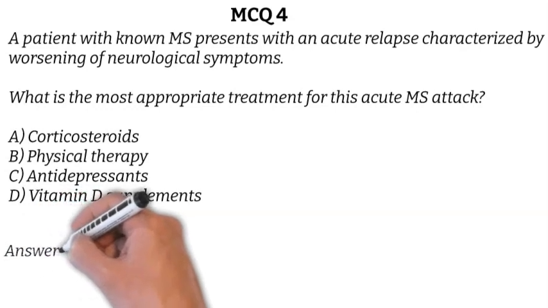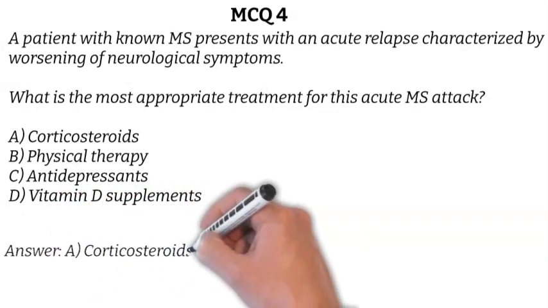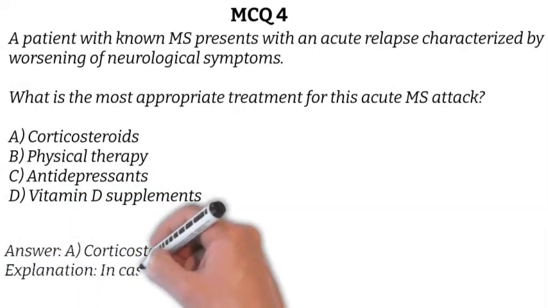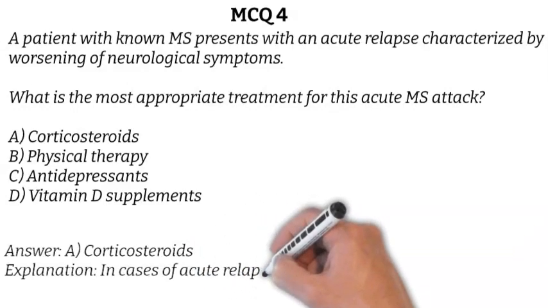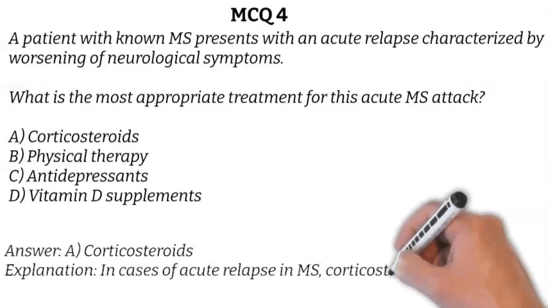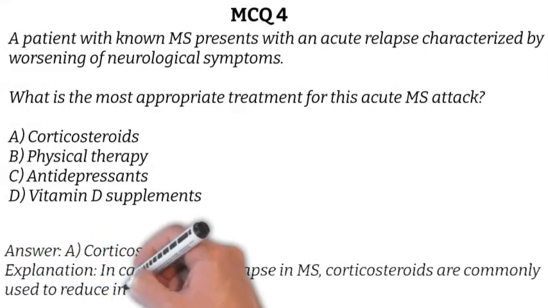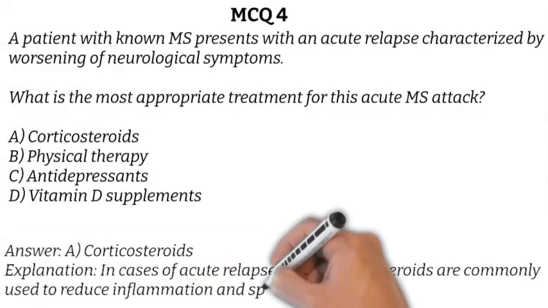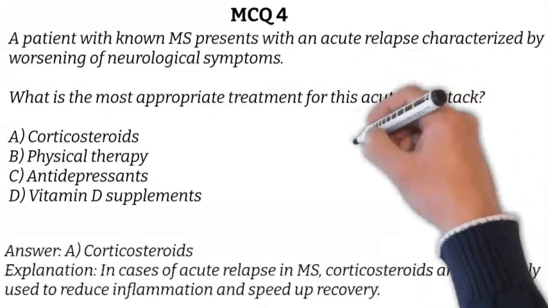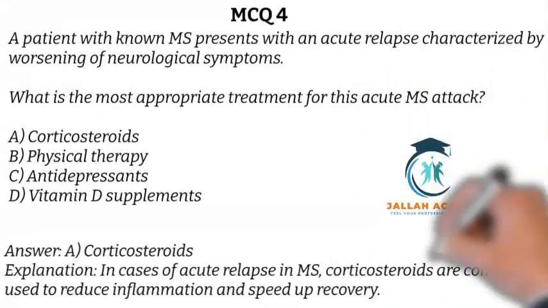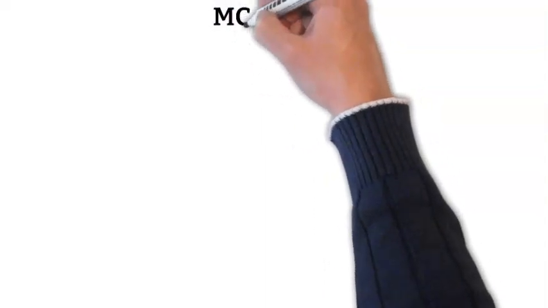Which one? Steroid. You are right. For acute attack, we always use a steroid. In case of acute relapse in multiple sclerosis, steroids are commonly used to reduce the inflammation and speed up the recovery. Remember, if it doesn't help, the next option will be plasmapheresis.